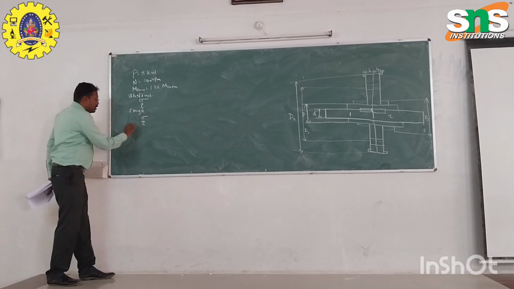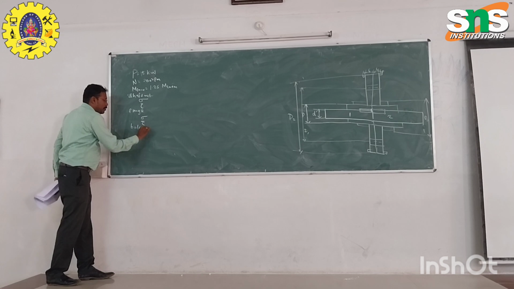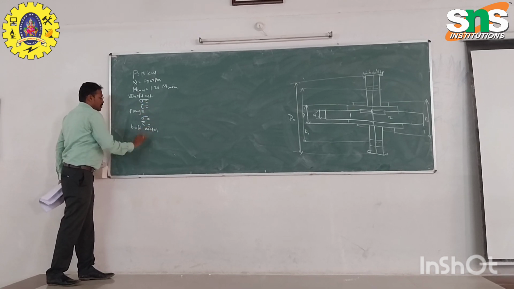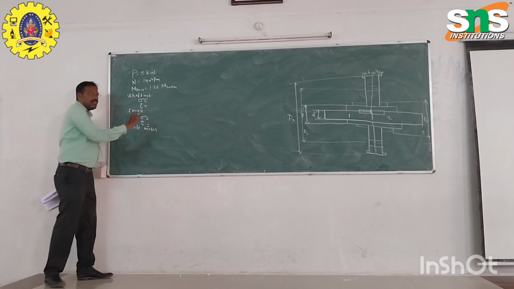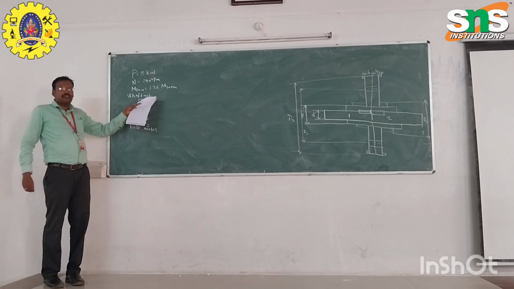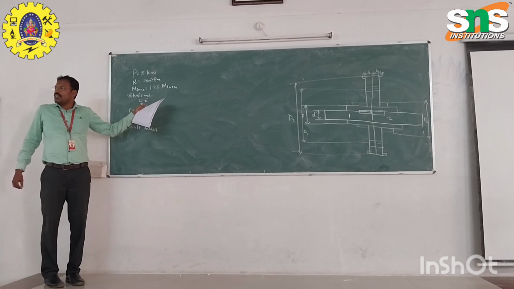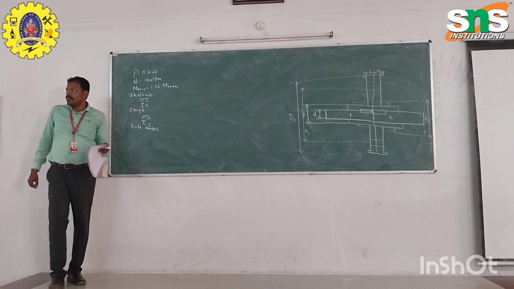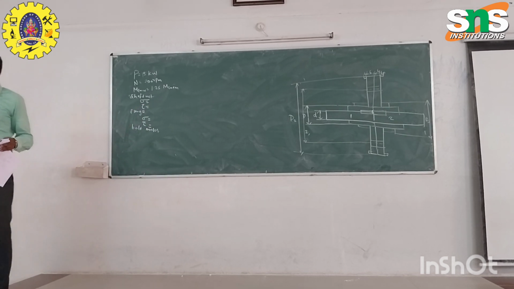Then we have bolt material, as the material properties are given in the column. Bolt material properties, for example, what is the crushing stress of shaft? 2 into allowable shear stress.